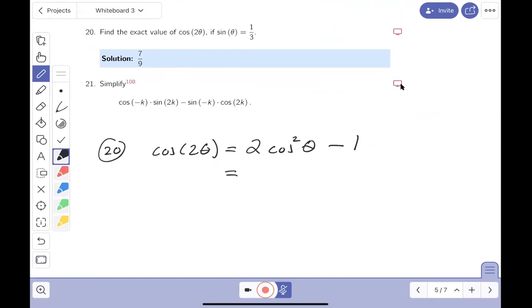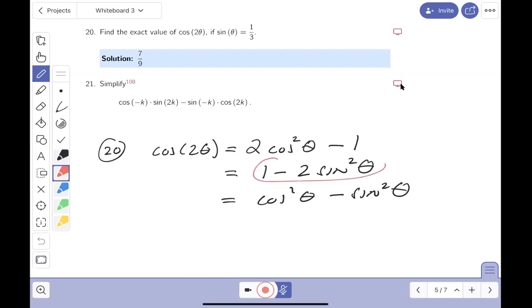It's also 1 minus 2 sine squared theta. It is also cosine squared theta minus sine squared theta. Now, I only need this one, because I have the sine right over there.